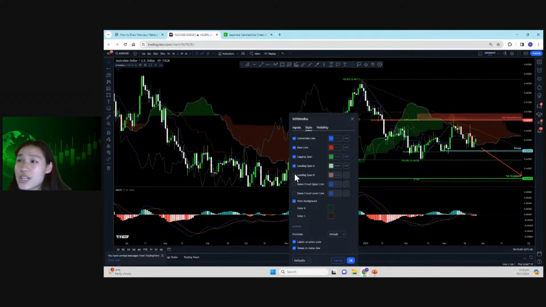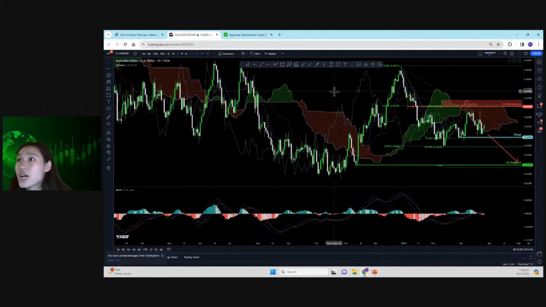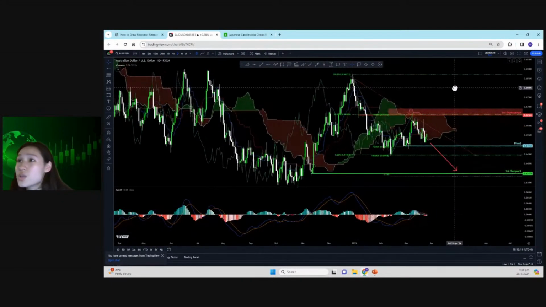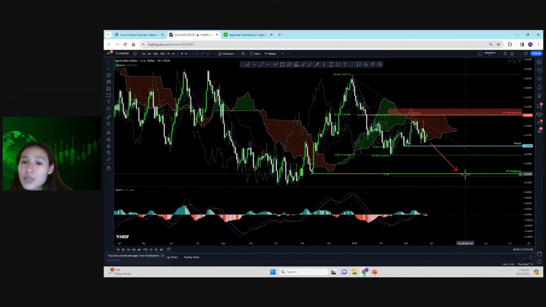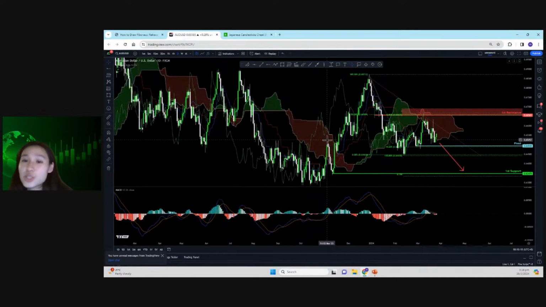Otherwise, because there are different ways to use an Ichimoku, it's a very useful indicator, but then you would have a pretty messy chart like you see over here. So each of these lines do mean something, and I think we've gone through in depth in our Ichimoku webinar.